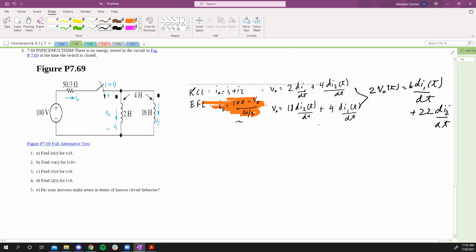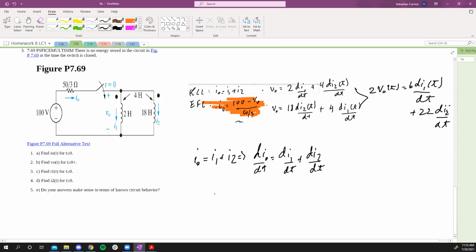One thing we know: I naught is I1 plus I2, so di naught/dt equals di1/dt plus di2/dt.